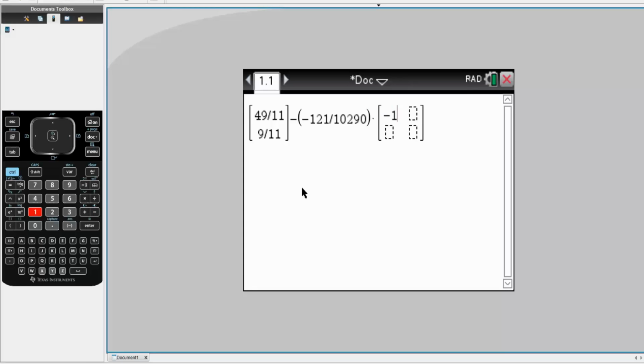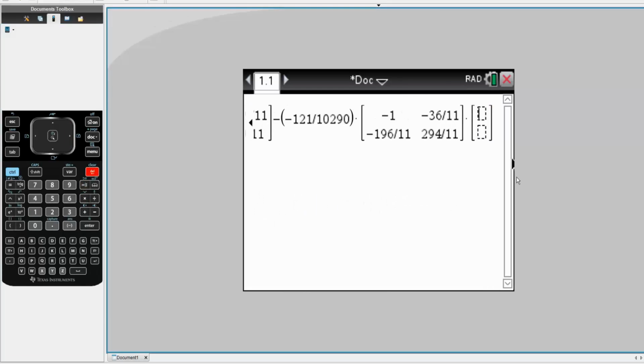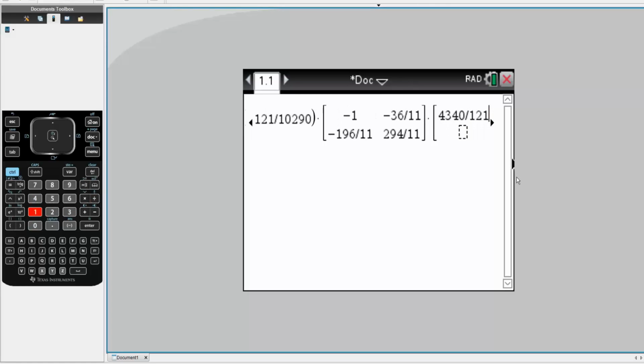So negative 1, negative 36 over 11, negative 196 over 11, 294 over 11 times, now we want this matrix here, and this is going to be 4340 divided by 121, bottom 2888 divided by 121.